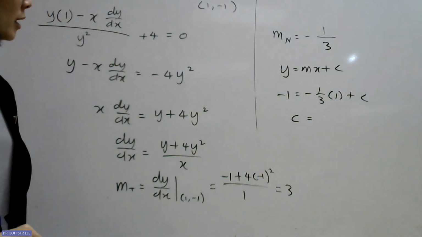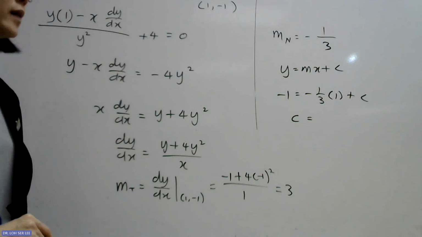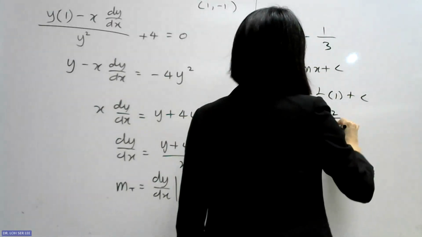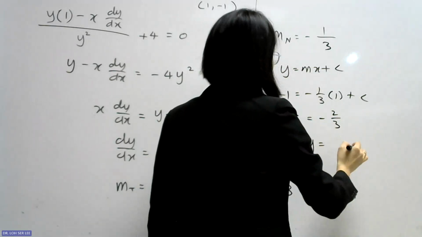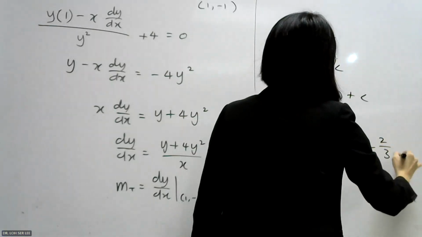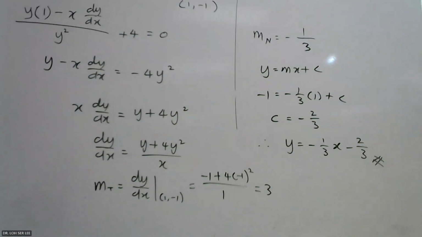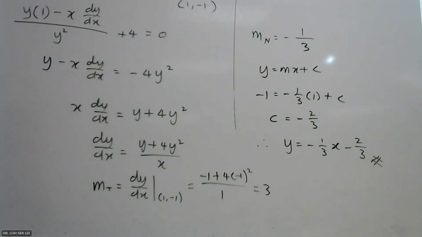So your c is negative 1 plus 1 over 3, which is 1 over 3 minus 1, so it's negative 2 over 3. So y equals nx plus c.